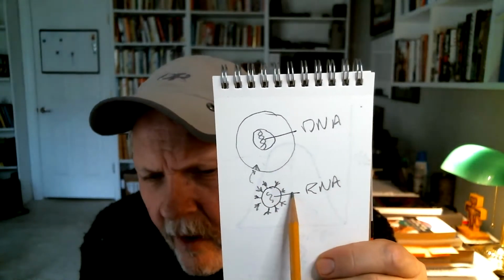Now, viruses don't have DNA. Viruses have a little strand of protein that's called RNA. And what RNA does is it reads the DNA and it tells the cell, do this, whatever the this is that it's supposed to do.